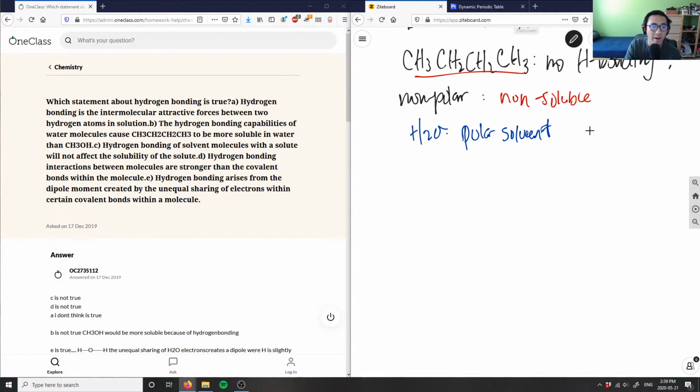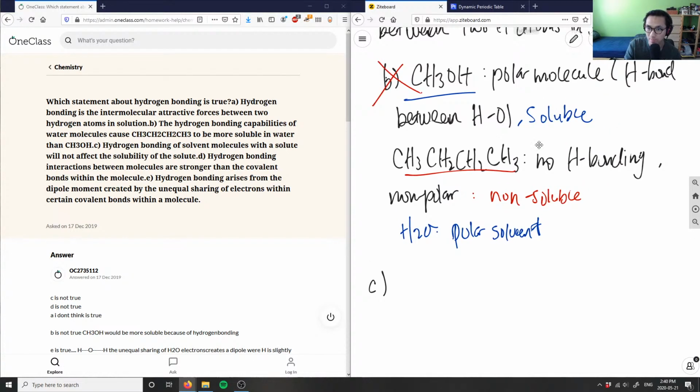C is asking: hydrogen bonding of solvent molecules with a solute will not affect the solubility of the solute. Let me say that again. H bonding of solvent molecules with a solute will not affect the solubility of the solute. Well, it does. In the previous question, methanol is the solute and the solvent is water. The hydrogens on water can also hydrogen bond with the methanol.